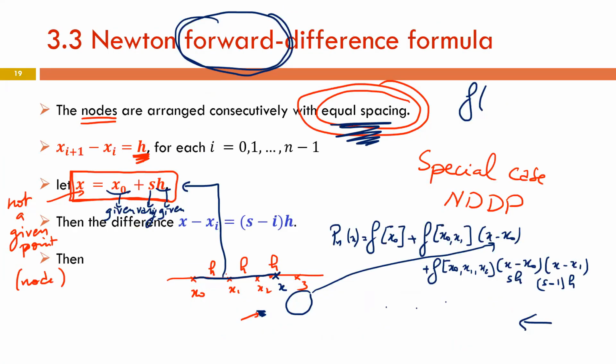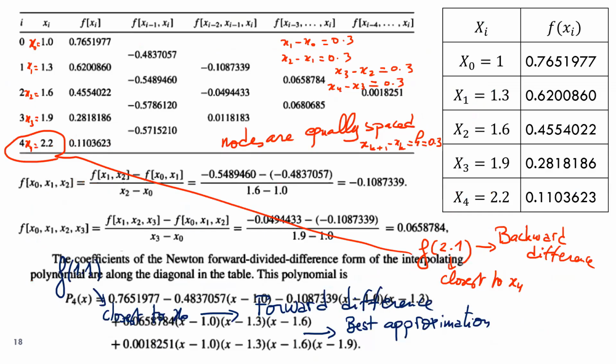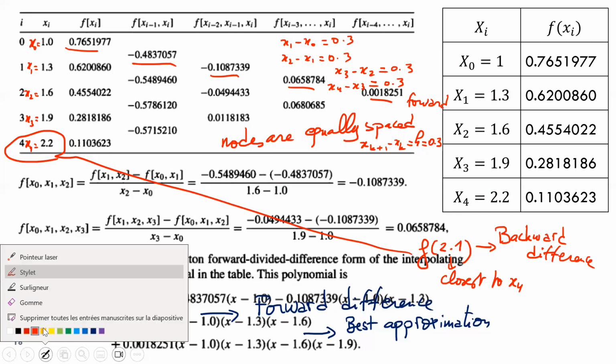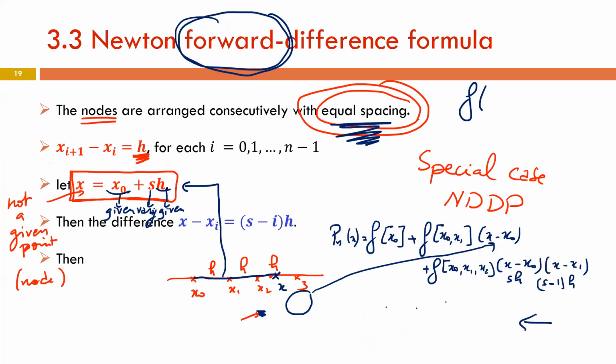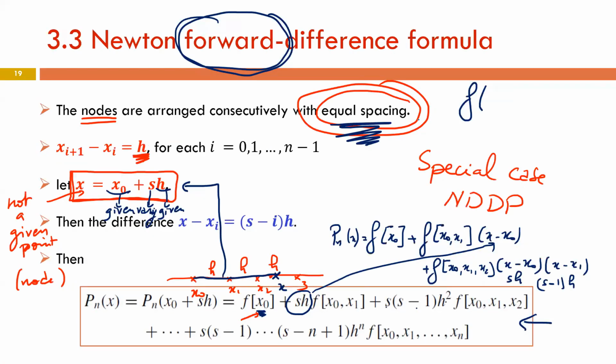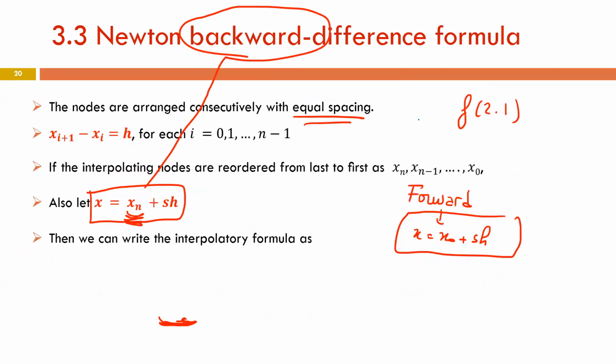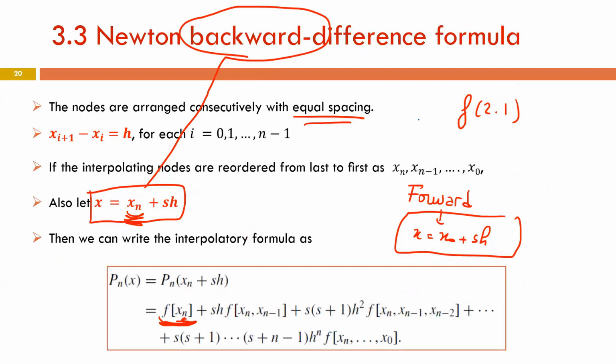Okay? Then we will see here that we'll use these values in the forward, and in the backward we'll use these values. The idea, I repeat, is to obtain a better approximation, depending on our needs.